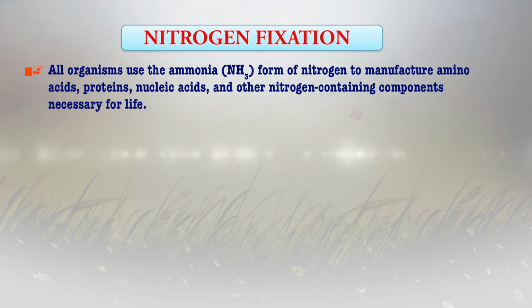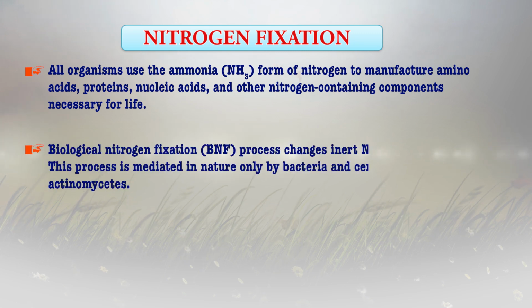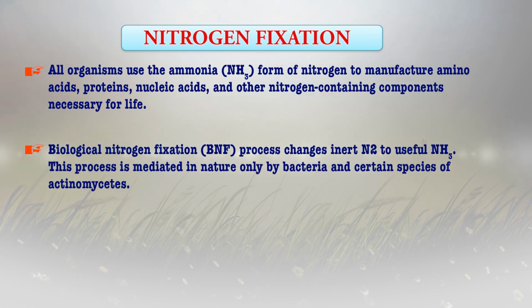All organisms use the ammonia form of nitrogen to manufacture amino acids, proteins, nucleic acids and other nitrogen-containing compounds which are necessary for life. The biological nitrogen fixation process changes the inert nitrogen into useful ammonia. In nature, this process is mediated only by bacteria and some important species of actinomycetes.